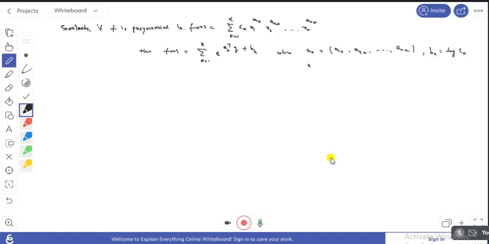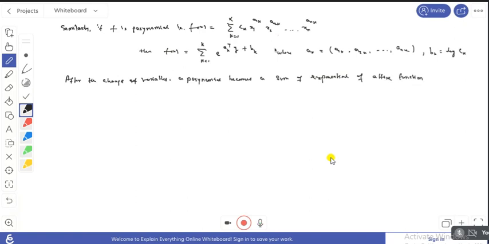So after the change of variables, your polynomial becomes a sum of exponentials of affine functions.